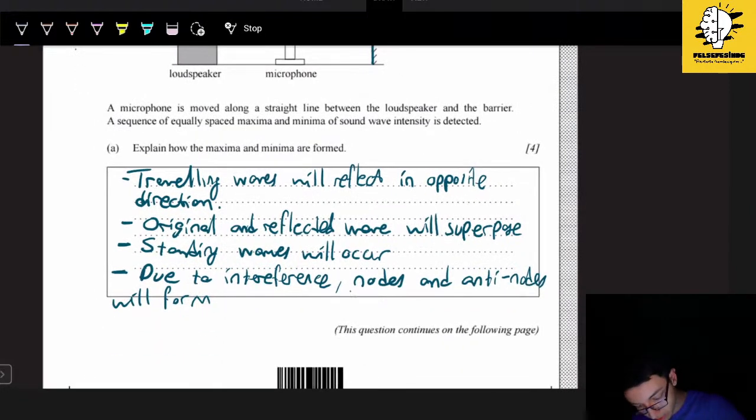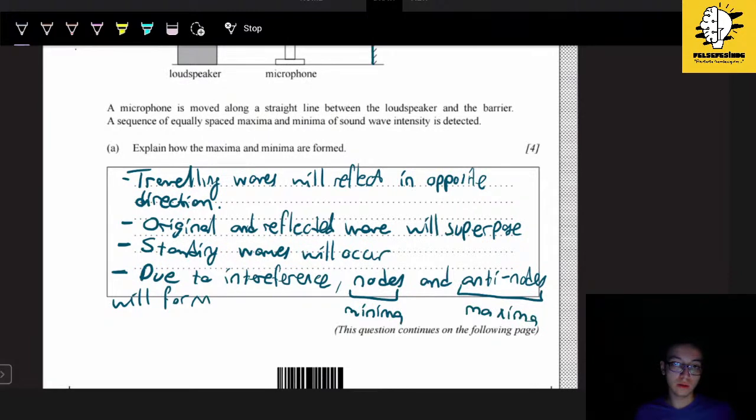So this is a minima, and this is a maxima. Anything I'm missing? A maxima means constructive interference, and a minima means destructive interference. So we said there's a traveling wave, it reflects, having an opposite direction.